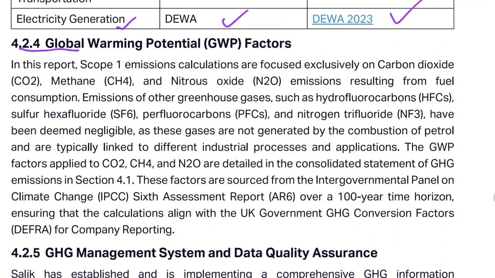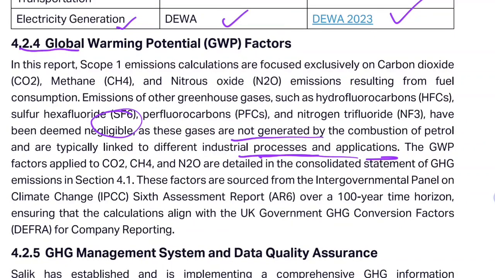The next very important subject is global warming potential factors. In this report, emissions calculations are focused exclusively on carbon dioxide, but other than carbon dioxide, methane and nitrous oxide emissions also result from fuel combustion. Emissions from HFCs, SF6, PFCs and NF3 are of a very negligible amount, as these are not generated by the combustion of petrol and are typically linked to different industrial processes and applications.